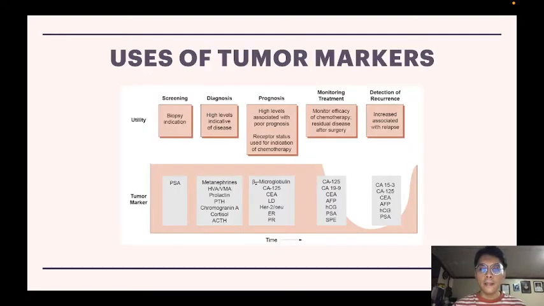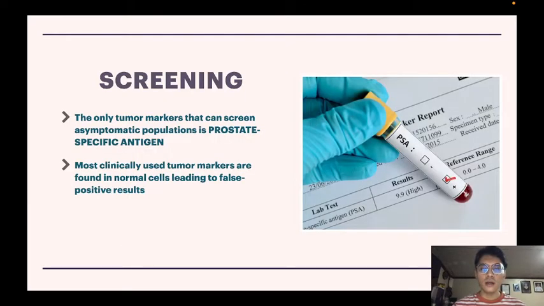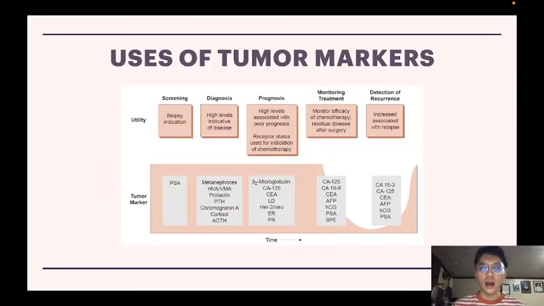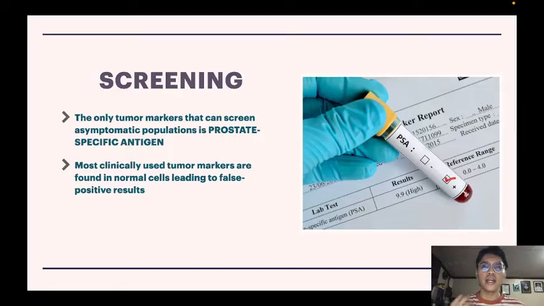So, what if you measure a tumor marker that is actually also present in normal cells? For example, HCG. You measure HCG, and HCG is measured in pregnant patients, right?